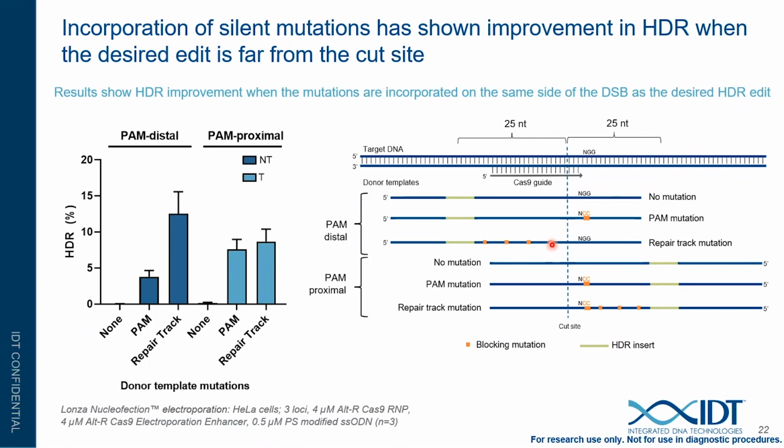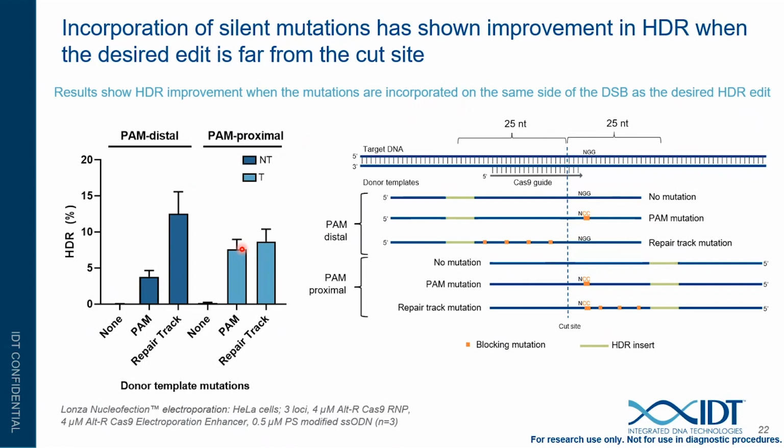And what we found is that you really get the best HDR improvement when those mutations are incorporated on the same side of the double-stranded DNA break. So in the case of the PAM distal edits, these repair track mutations gave the best benefit to your HDR rates. In contrast, with the PAM proximal designs, a PAM mutation alone was really sufficient to get that good boost to HDR.